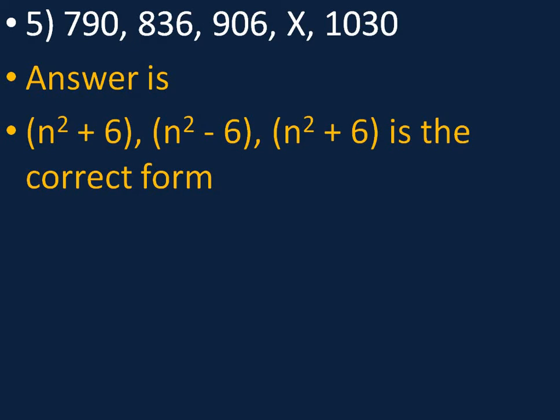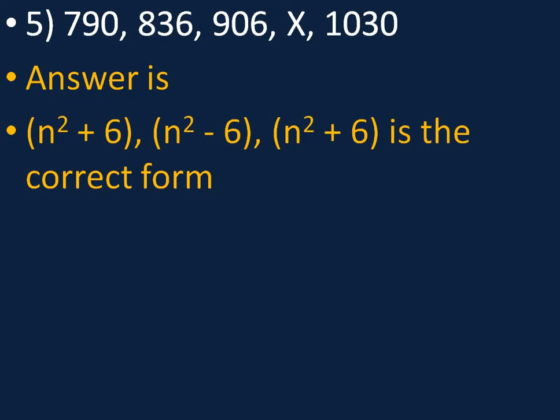For example, 790. Try to get the square or cube number which is near to 790. So we get 784. By adding 6 to 784 we get 790. So the answer pattern is n square plus 6 for the first pattern.